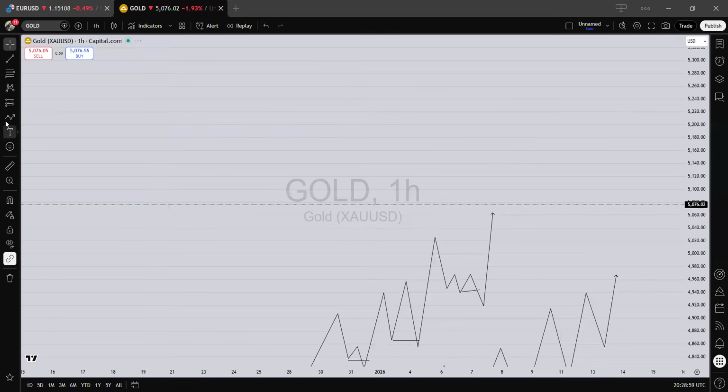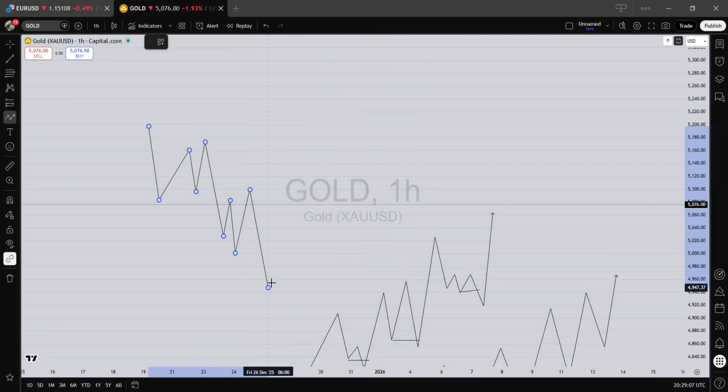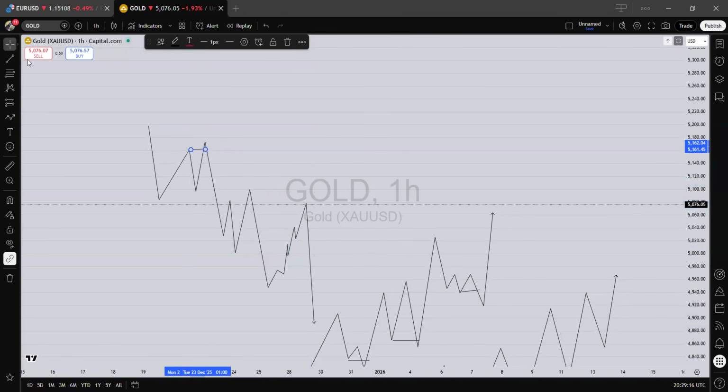But of course, in the bearish trend, every buy side liquidity is important. Why am I calling them buy side liquidity and sell side liquidity?